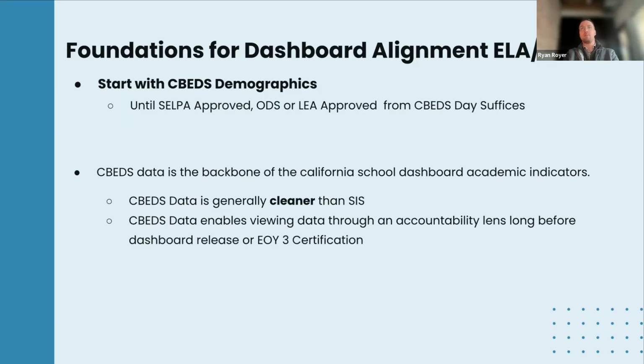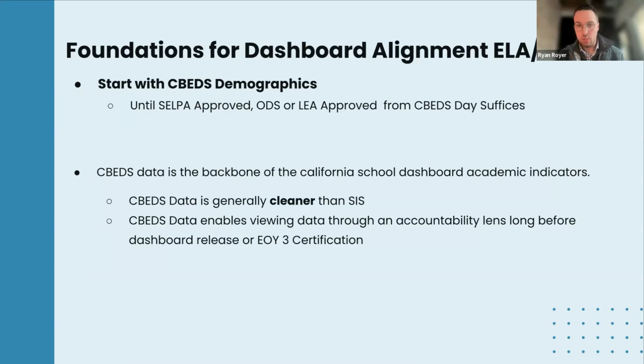And because it's the backbone of the accountability model, it enables viewing data through an accountability lens long before that end of year 3 reporting happens and the California School Dashboard then gets released. Here's what will get updated in end of year 3 reporting. Student groups can shift during the year.